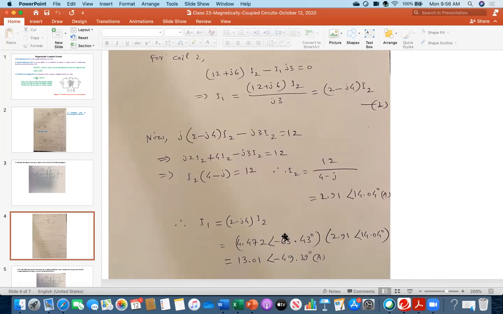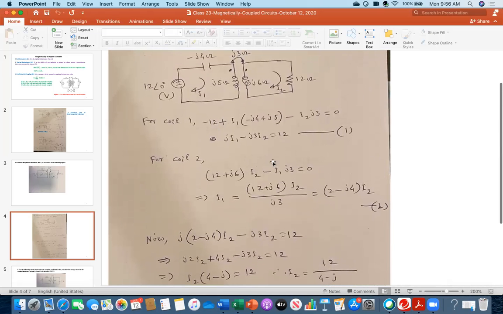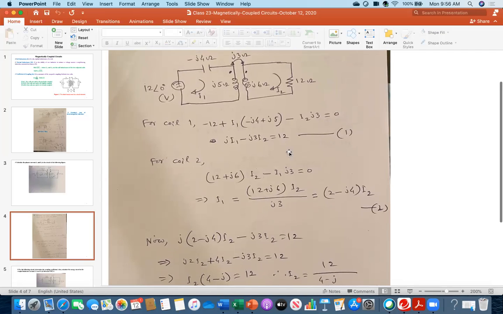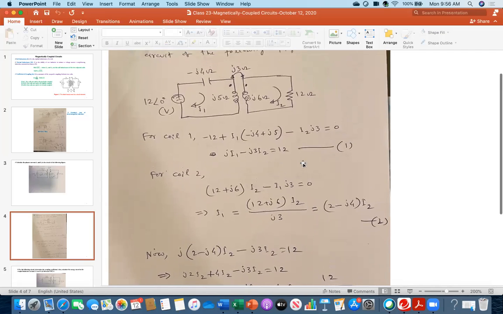So this portion is normal, just simple algebra and phasor algebra. The only key thing is, as long as you are writing this equation correctly, the rest of the thing is the same. The only difference between a normal circuit and a magnetically coupled circuit is considering that mutual inductance. The rest of the process is the same.